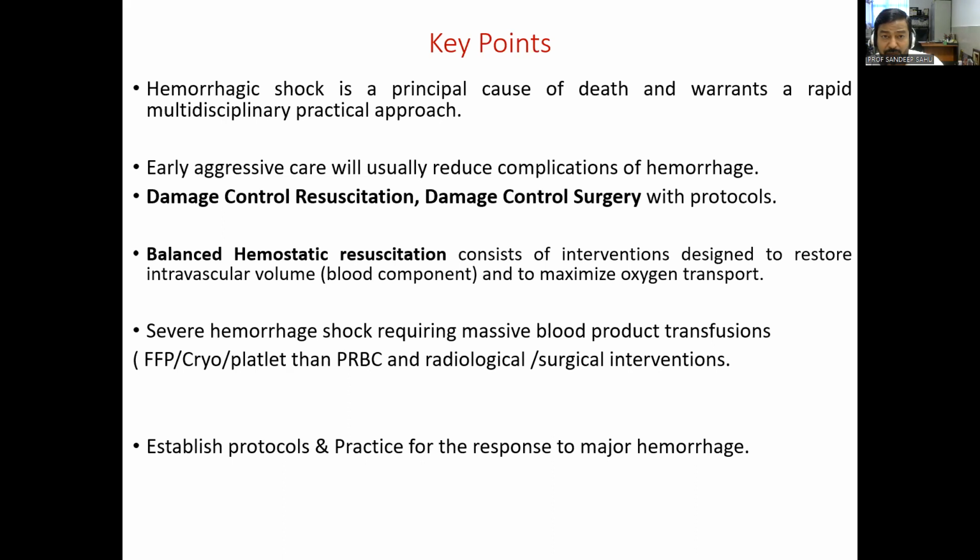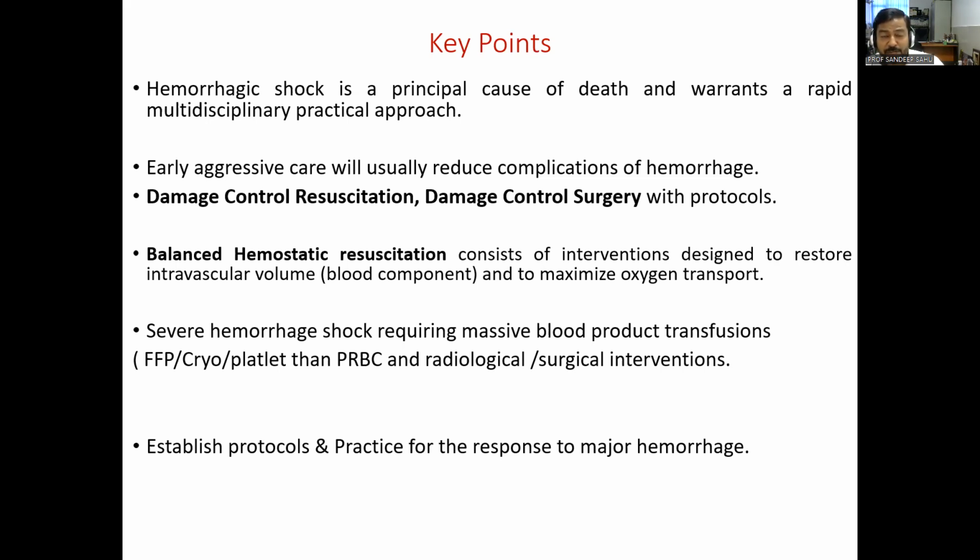If bleeding is not stopping and you don't have anything else, then platelets. Later, when bleeding has stopped, then PRBC as per the trigger, meaning if hemoglobin is less than 7.